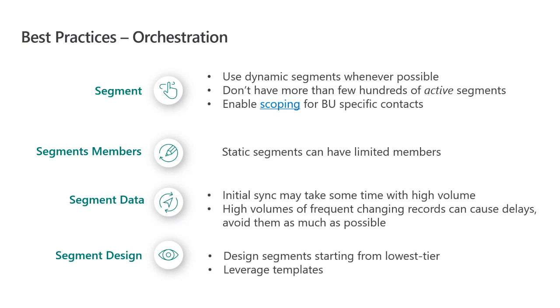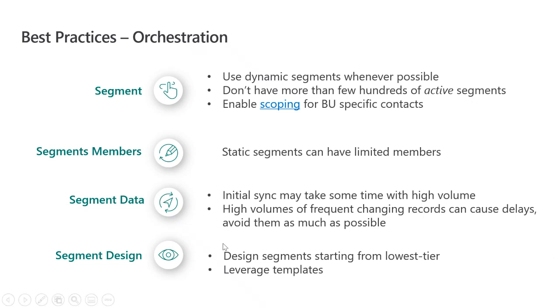If you have updated 1 million contacts, those won't be available for segmentation in a short amount of time. You just need to give some time. Whenever you plan these batch updates, try to do it after hours, so that during business hours you are able to use these records.